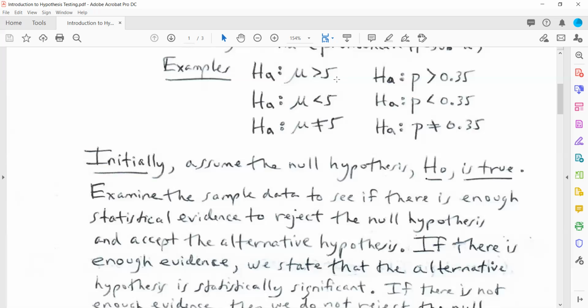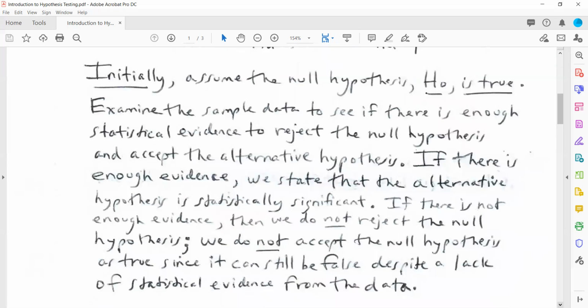Okay, it's unlikely. And that way we would reject the null hypothesis to say it's something different. Either it's greater than, less than, or not equal to, again, depending on the problem. How do we come up with this evidence? Well, that's what you're going to start learning today. All right, the procedure for doing this.